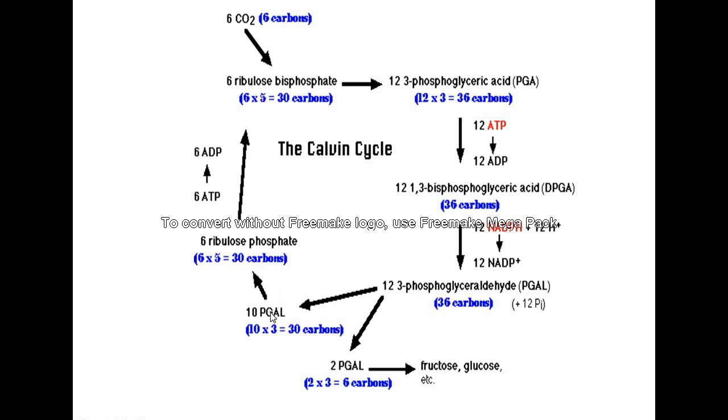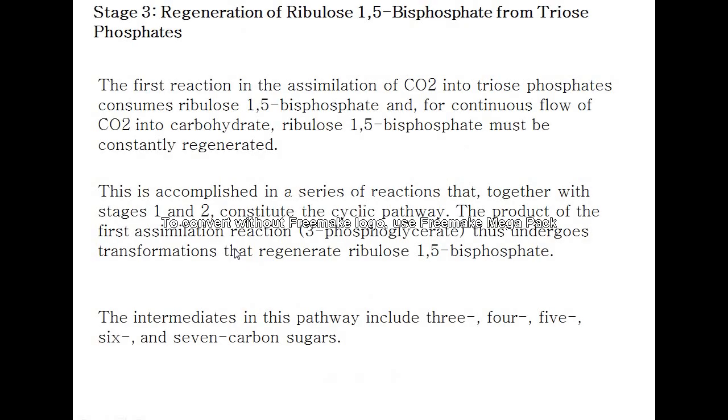So 10 into 3, 30 carbon atoms are regenerated as 6 molecules of ribulose 1,5-biphosphate. Okay, so that is how it is. ഇത് ജസ്റ്റ് അതിന്റെ സ്റ്റോയിക്കോമെട്രി തന്നെയാണ്, അതായത് റീജനറേഷൻ ഓഫ് റൈബുലോസ് 1,5-biphosphate. We started from ribulose 1,5-biphosphate. So the first reaction is carbon fixation, second is glycolytic reversal.